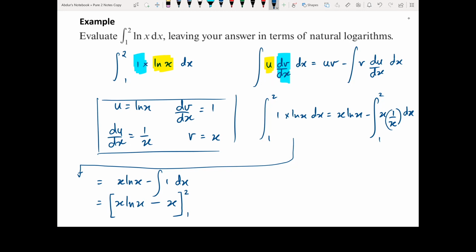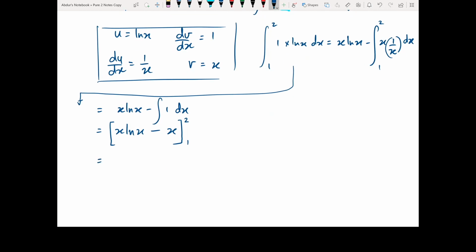So what do we get? We substitute everything in: 2 ln 2 minus 2, take away 1 ln 1 minus 1, which simplifies to 2 ln 2 minus 2. ln 1 is 0, and then we've got minus 1, which becomes plus 1. So this simplifies to 2 ln 2 minus 1.